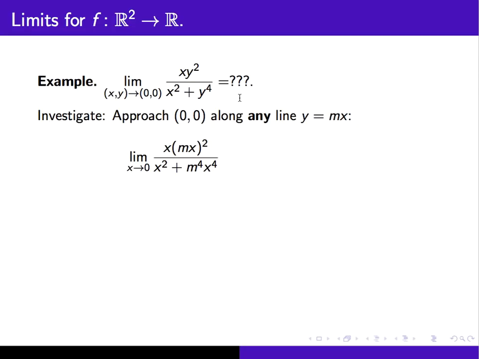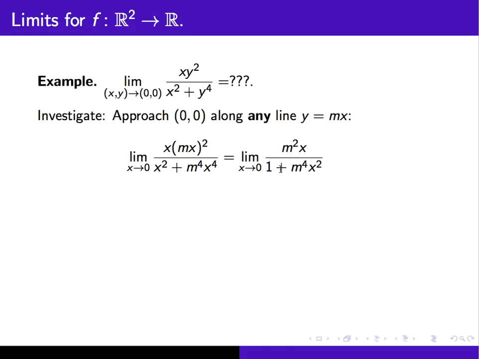So what do we get when y equals mx? Well, the numerator becomes m squared x to the 3rd. The denominator is x squared plus m to the 4th x to the 4th. We have a factor of x squared in both the numerator and denominator. We factor that out and we get this. And what happens as x goes to 0? Well, the denominator is bounded away from 0.